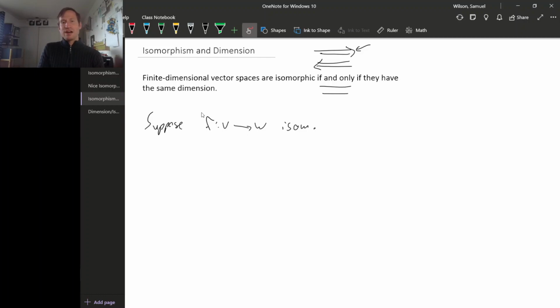So how do you figure out dimension? Well, count up the elements in a basis, right? So let's write a basis for V. We'll call it beta 1 up through beta n. Let's let this be a basis for V. Okay.